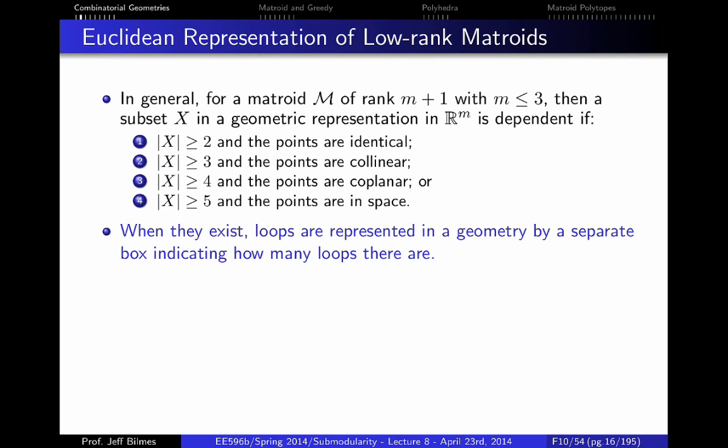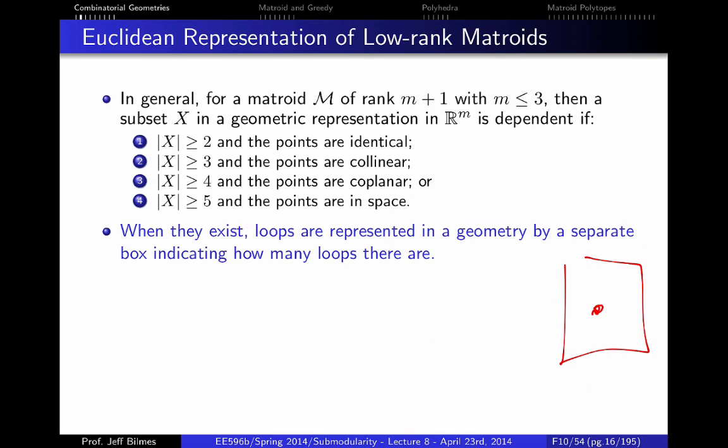Now, loops. This is a little bit of a hack, but in some sense, loops are special case matroidal items. These are individual elements with rank 0, so they're immediately dependent. What you can do is have a special box and put a loop in it, outside of the geometry. You don't usually depict them in the geometry, but you can label them.